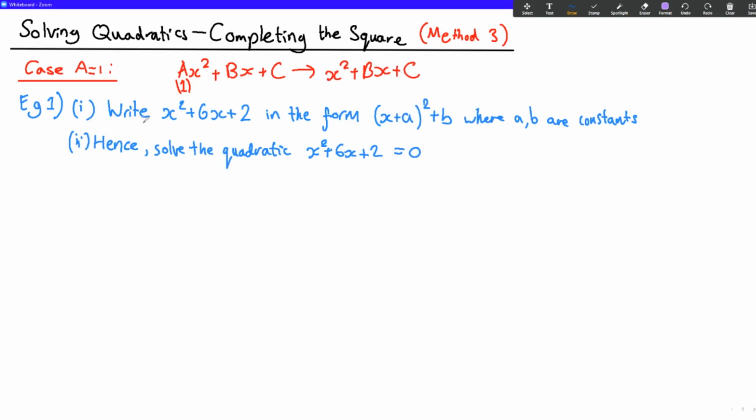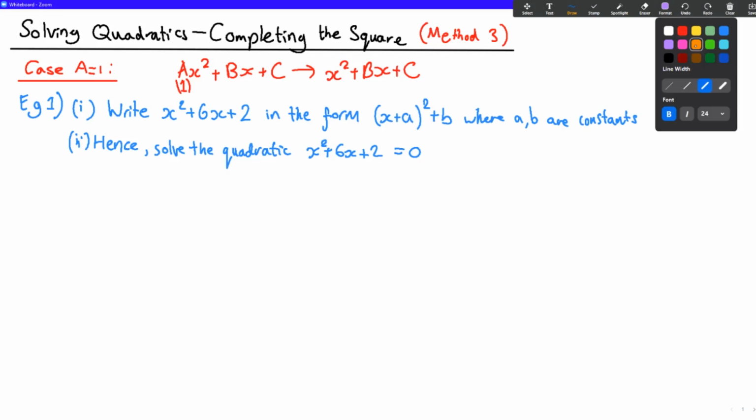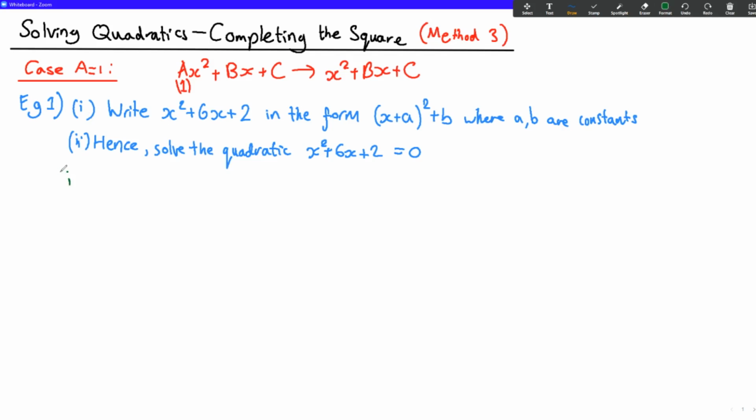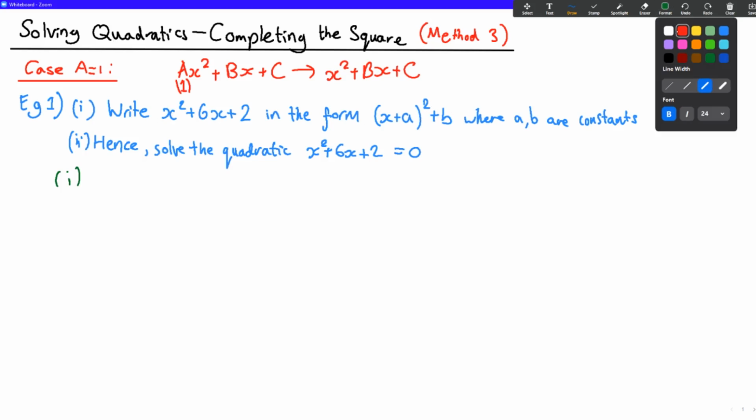Okay. Now, let's read this question then. So it has two parts, so let's focus on part I first. It says, write x squared plus 6x plus 2 in the form x plus a all squared plus b, where a and b are constants.